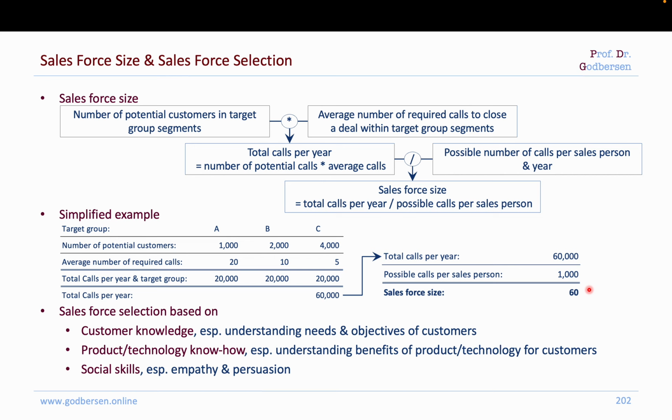How should we select our sales force, our salesmen and saleswomen? First is customer knowledge. And I would say this is the most important part, but this is my personal view. The salespeople need to know the customer. They need to understand their needs and wants and the objectives of the customer and how to talk to the customer.